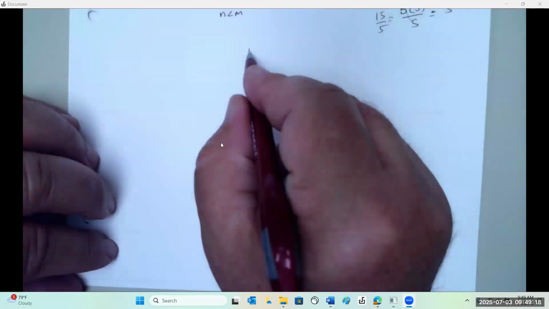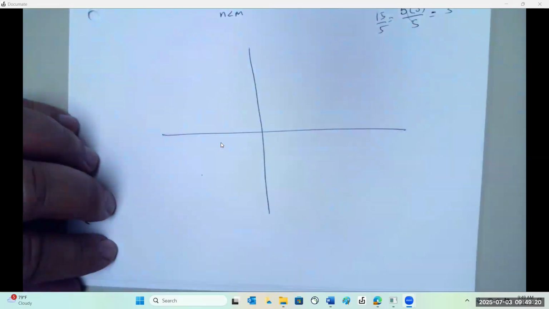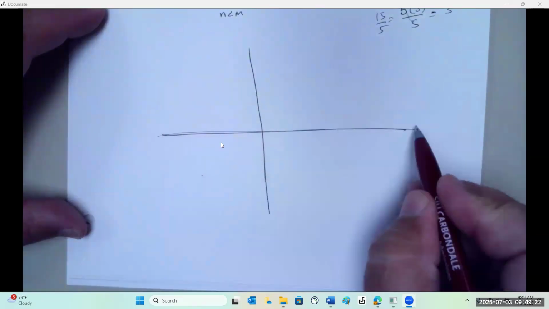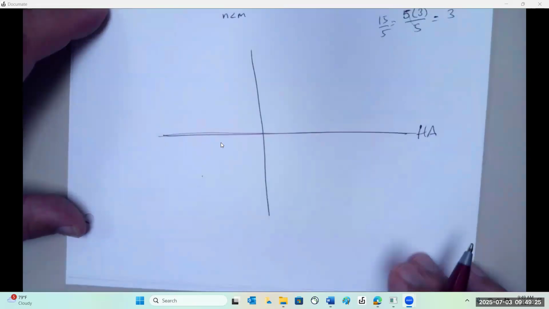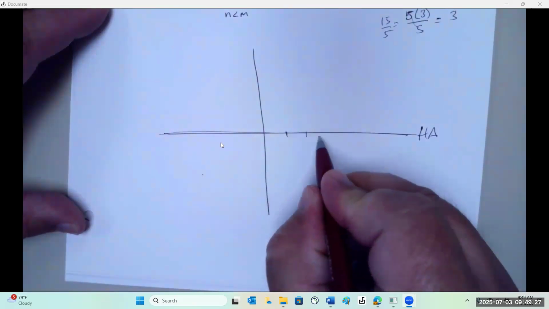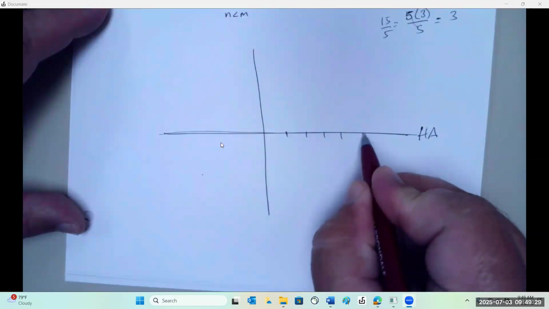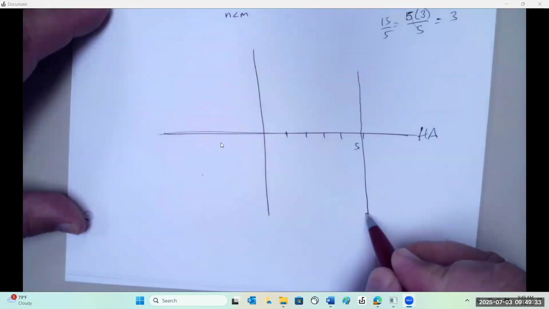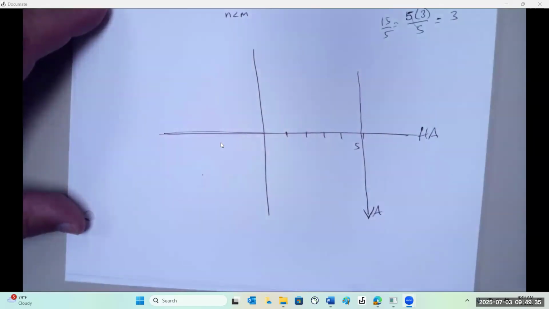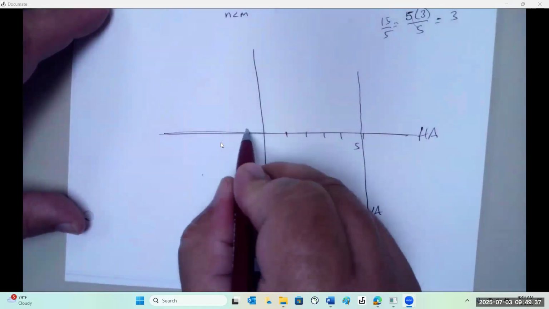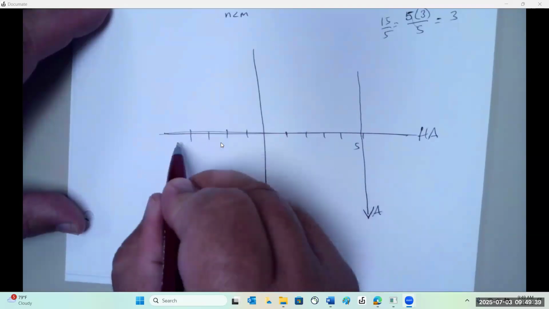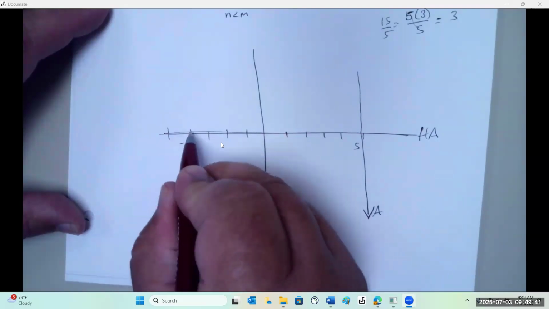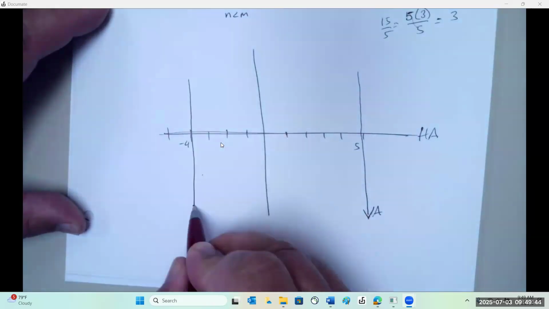So this is your horizontal asymptote. The vertical asymptotes are 5 and -4.